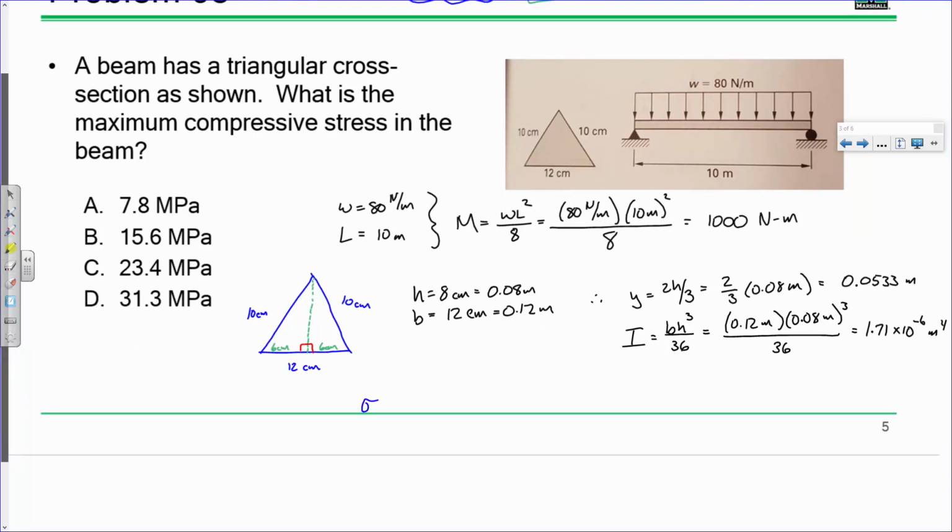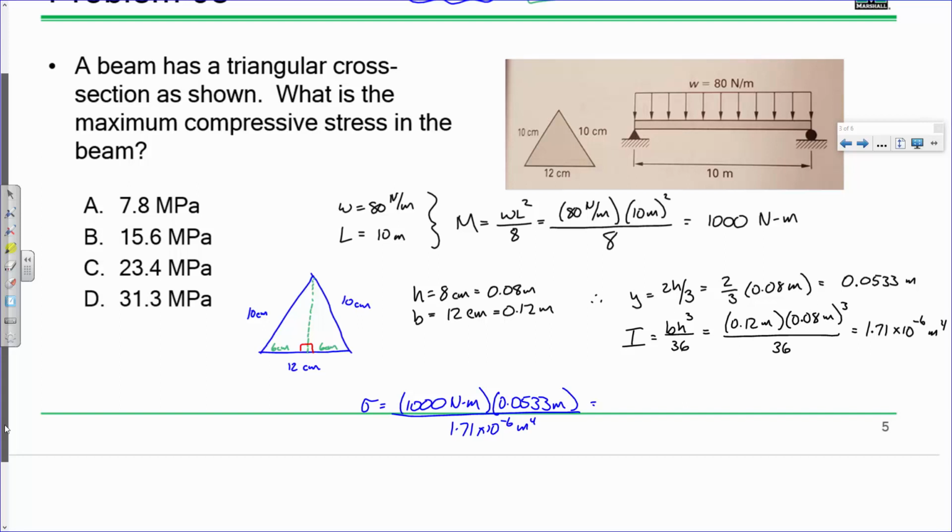So sigma equals, and what does that come out to be?